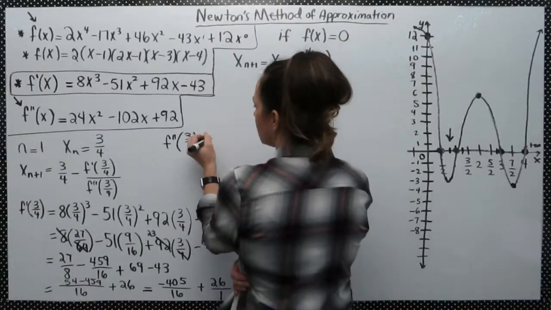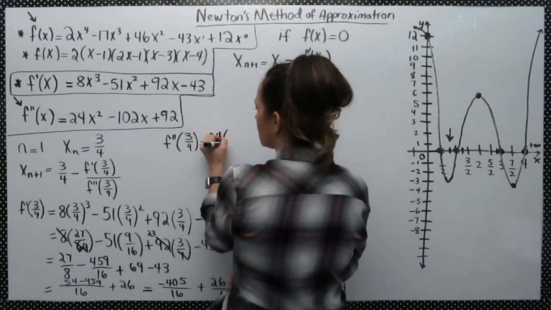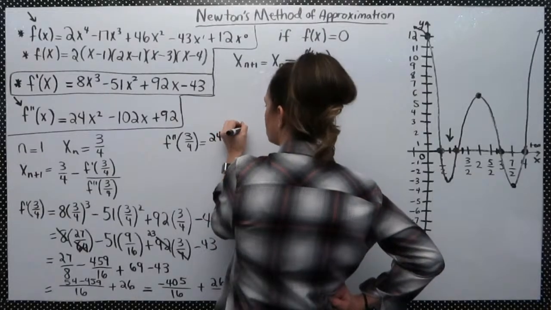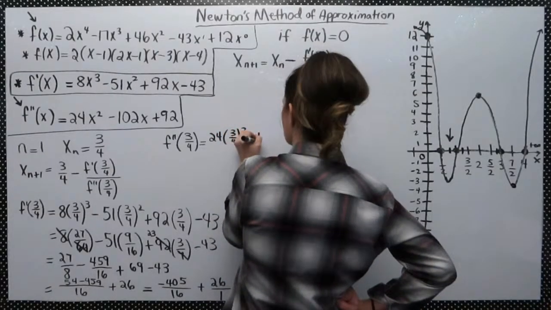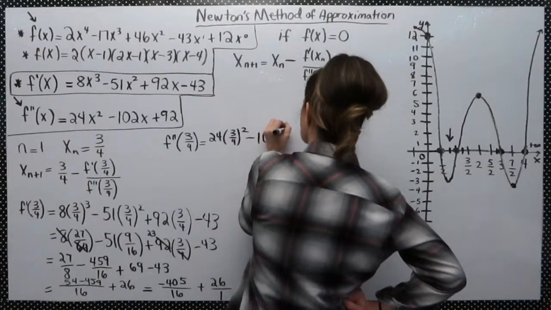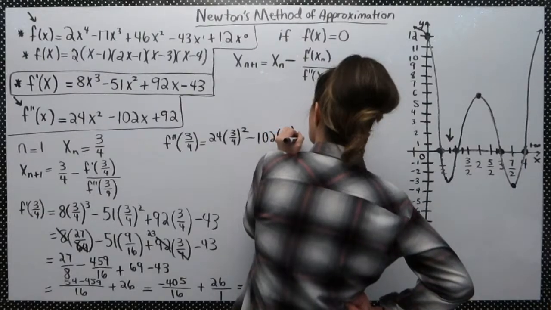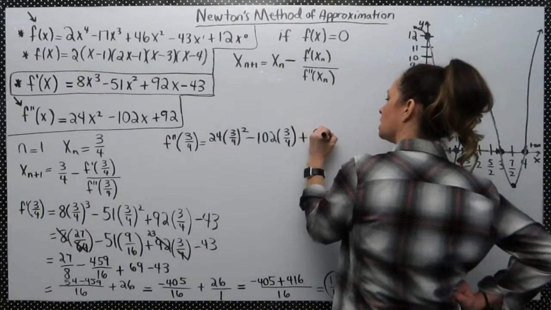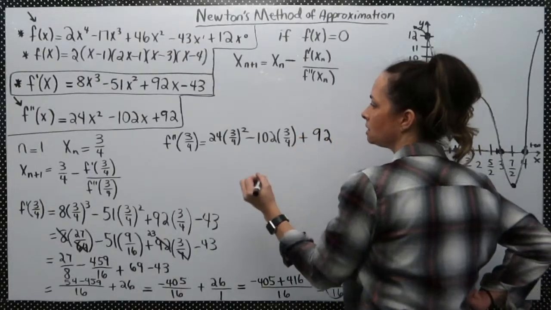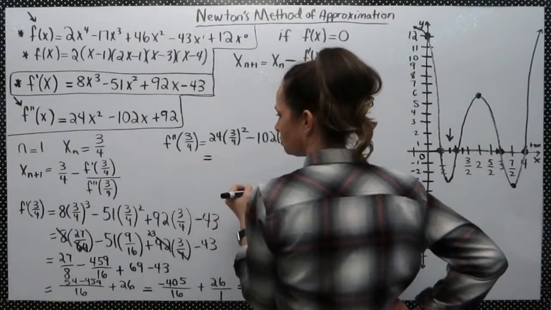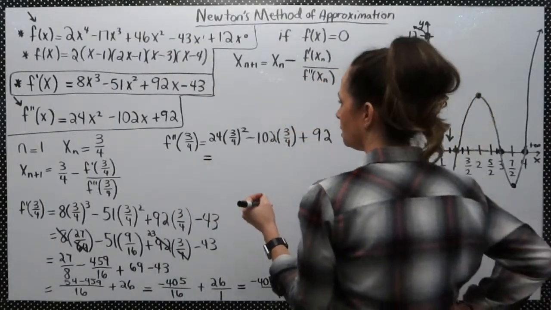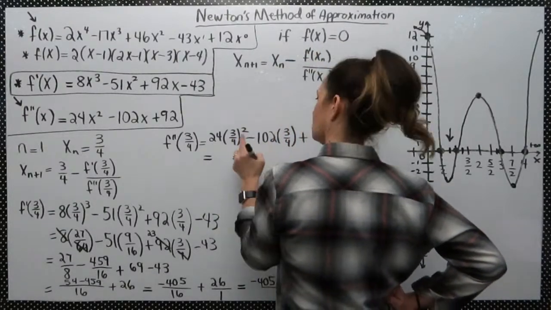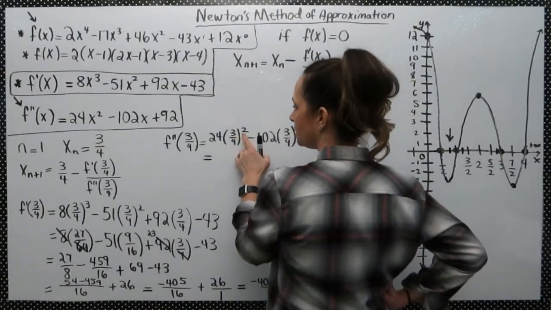All right, so we've got 24 times 3/4 squared minus 102 times 3/4 plus 92. And this is a smaller function, should be a little bit easier to evaluate. And we're just doing this by hand, so we see the method. We can always use our calculators if we need to.